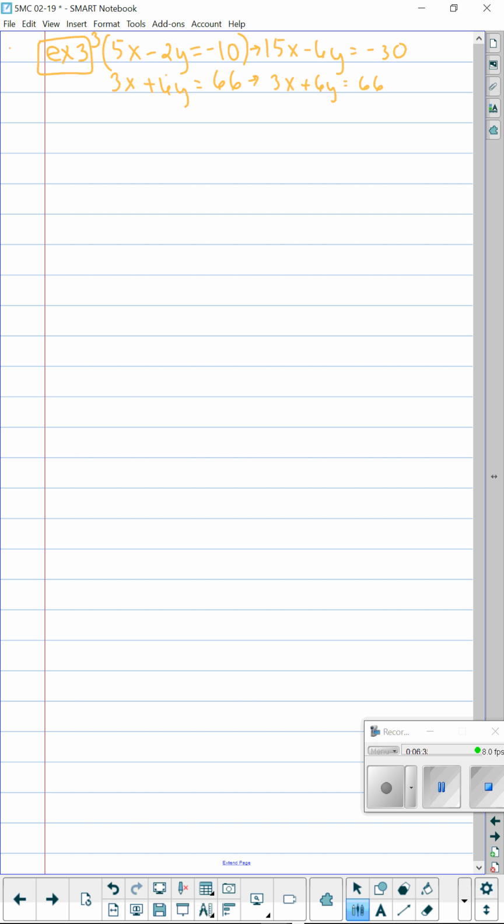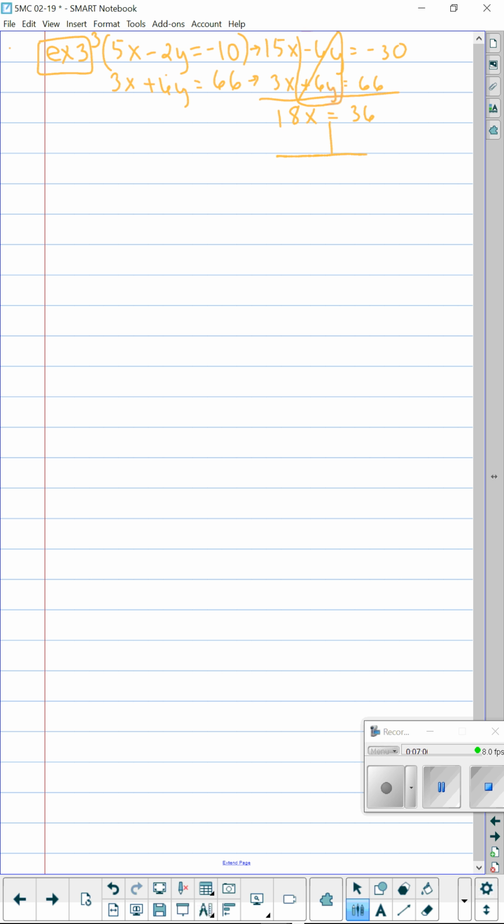And then from here, now I can see that I have a zero pair. I have a positive 6y and a negative 6y. So those cancel. And then I can add 15x plus 3x is 18x. And then negative 30 plus 66 is 36.